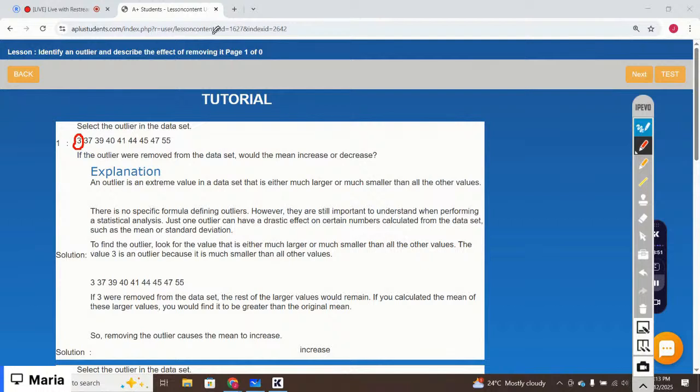So if 3 were removed from the dataset, the rest of the larger values would remain. If you calculate the mean of the larger values, you would find it to be greater than the original mean.